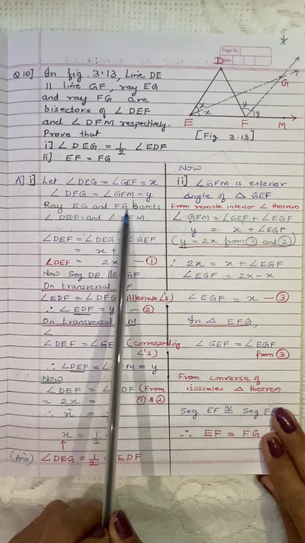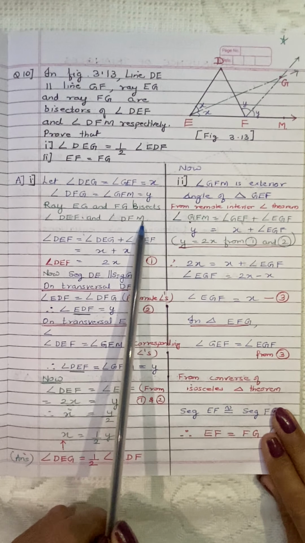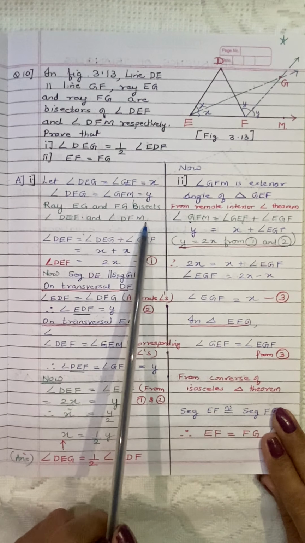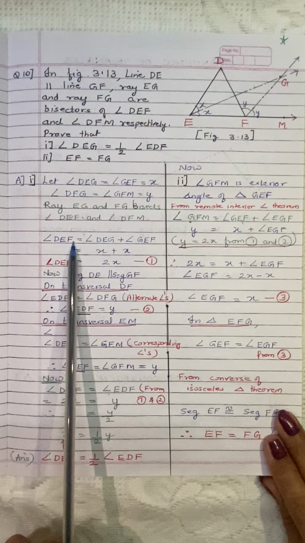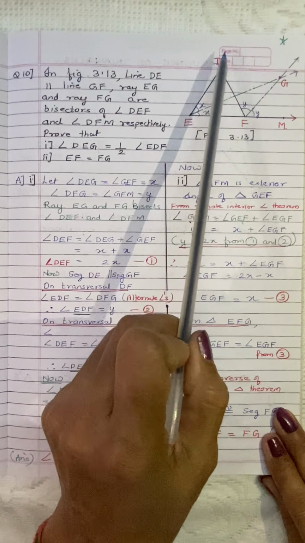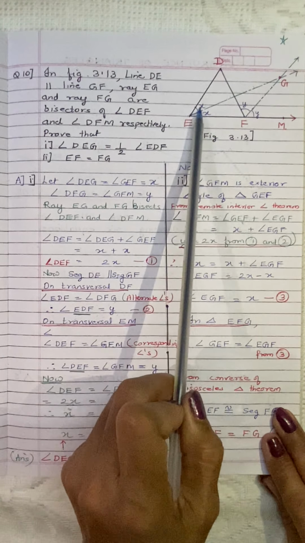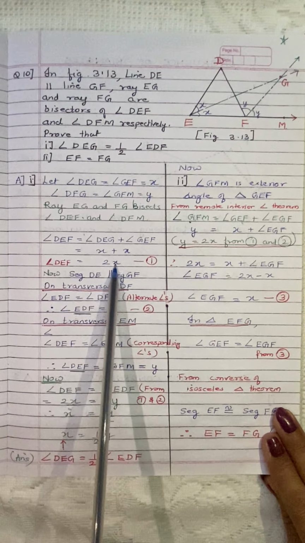Now angle DEF is equal to x plus x, which is equal to 2x.